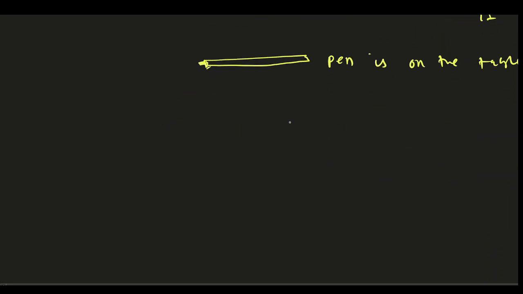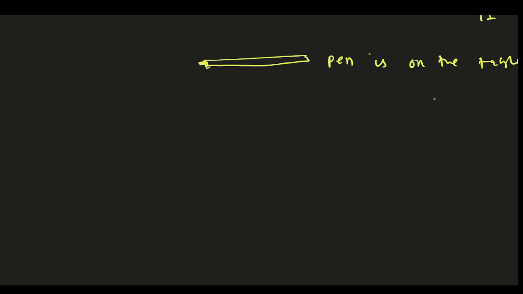If you want to determine the internal energy of the pen, there should be no external field applying on it. But if it is on the table, it means the gravitational field of the Earth is attracting it. That's why it is on the table. In that case, you will not say that the internal energy of the pen is this much, because for calculating the internal energy, there should be no external field applying on it.